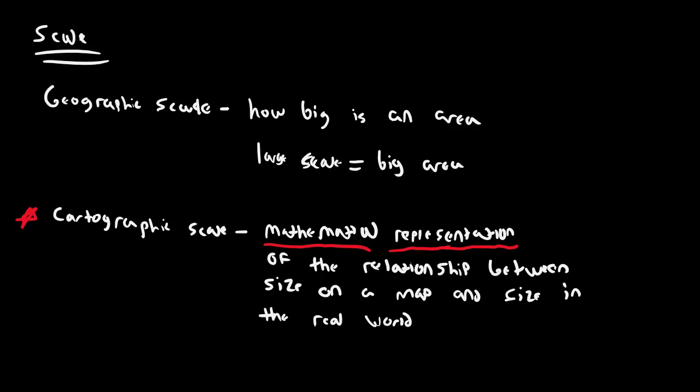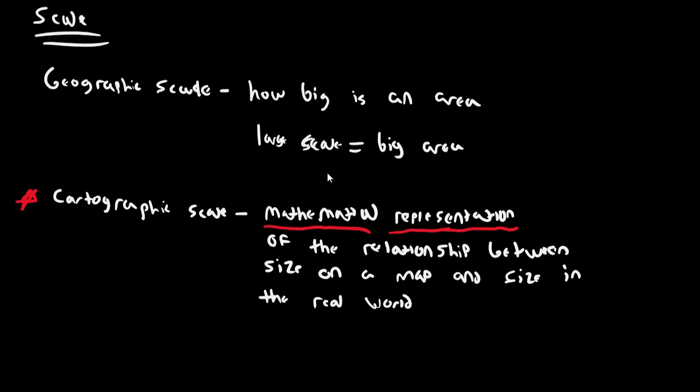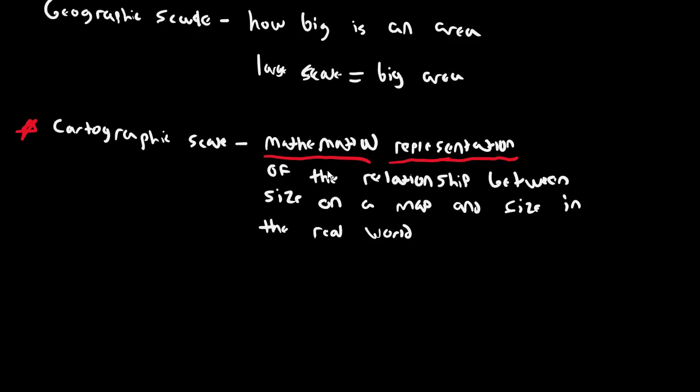The other thing to keep in mind with cartographic scale is that large scale versus small scale means something very different than it does in geographic scale. In geographic scale, if I say I had a large scale study, I'm implying that I had a large area or a large sample population. With cartographic scale, it's actually kind of the opposite. The reason is because we're talking about a mathematical representation.